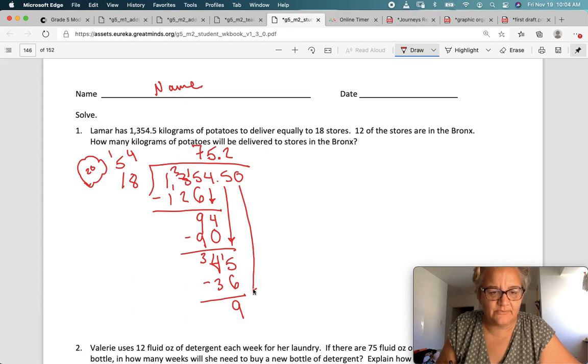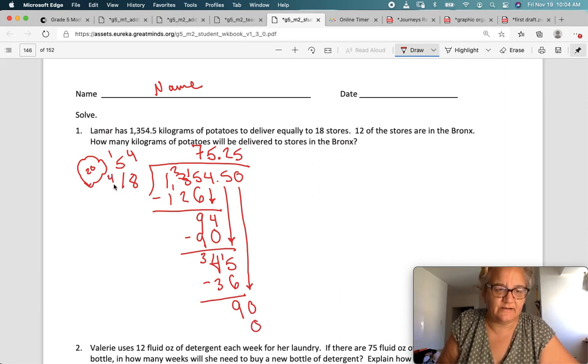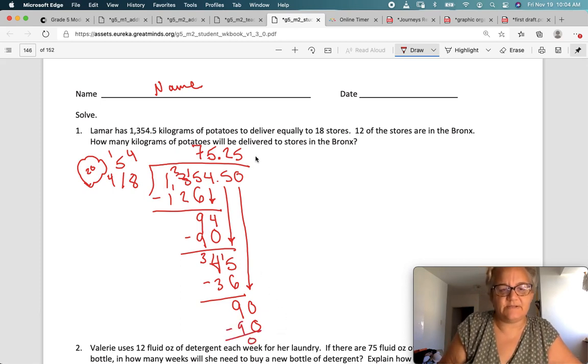And I know, because right here, I already know, that 18 will go into 90 5 times. So 5 times 8 is 40, carry the 4, 5, 6, 7, 8, 9, and there's my 0. Excellent. Okay, so each store is getting 75.25 kilograms, okay, of the 18 stores.